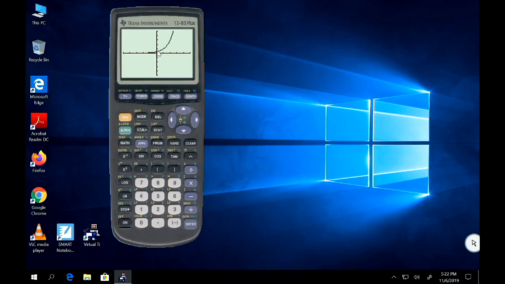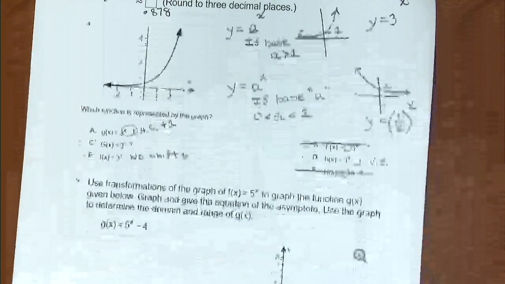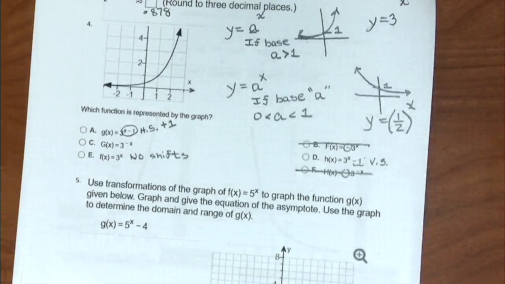So if it was this problem right here, this one right here, 3 to the x, it would have gone right through 0, 1. It does not go through 0, 1. See, it missed it. So you can cross that one off also.